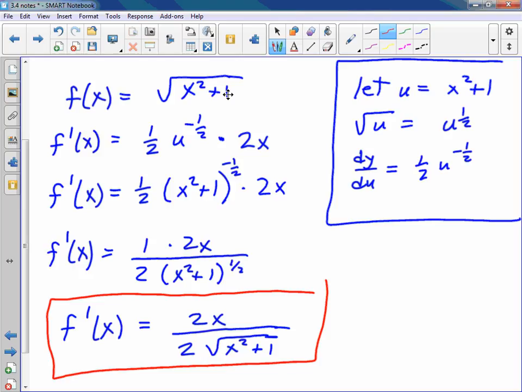We think of them as two individual animals. So I have to deal with the derivative of the square root of something, and then I have to deal with the derivative of that something itself. The square root is something to the 1/2, so that's power rule: 1/2 something to the 1/2 minus 1. And then I have to go times the derivative of what's inside. And that's chain rule.